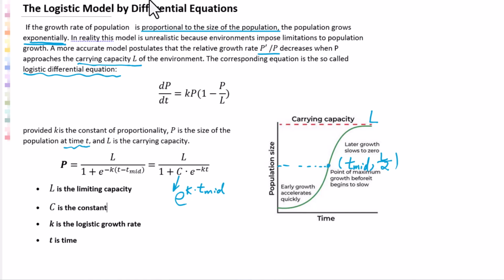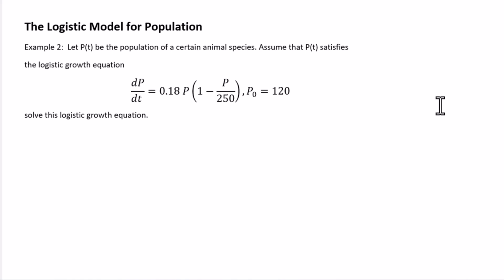t is the time. For example, let P of t be the population of a certain animal species. Assume that P of t satisfies the logistic growth equation. Solve this logistic growth equation.